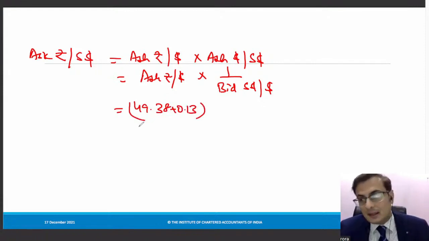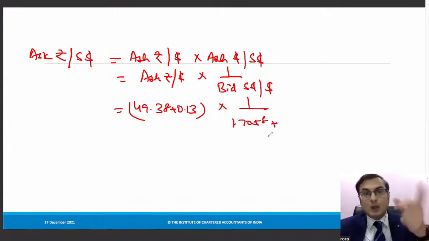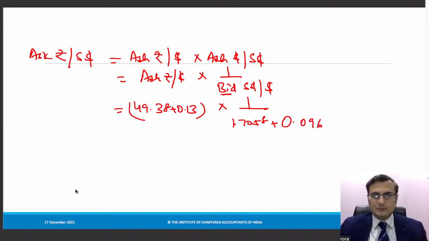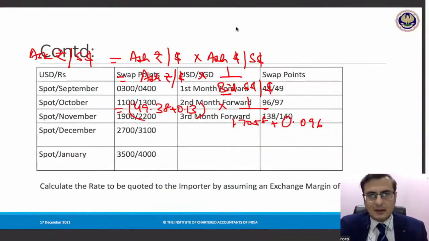Sir, why 0.13? Because it says 1300. I told you in the first class the concept of pips. Okay. The 4 points. Bid, the bid one: 1.7058, right? And adding the bid premium, not the ask one, because this is bid. Okay, how much? 0.0096. See this 96, and 30.